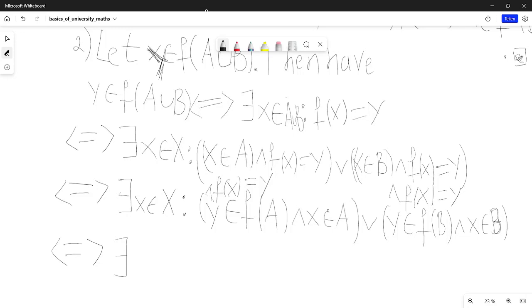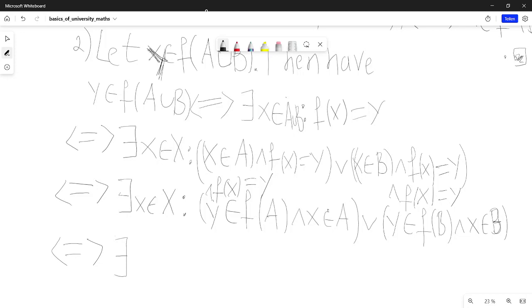Okay, now I'm confusing myself, but here in this bracket we have this piece of information, right? And well, what did we want to prove? Well, we wanted to prove that y is actually in the union of f of A and f of B.